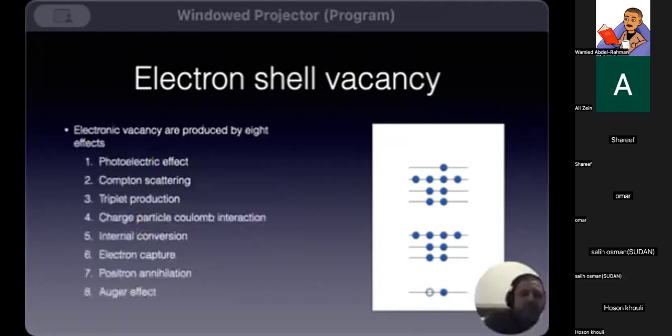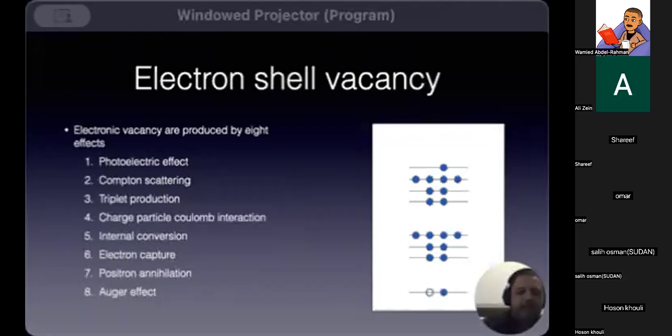These electronic vacancies are produced by 8 effects, and maybe more. We have the photoelectric effect, which we're going to deal with in a few weeks, Compton scattering, triplet production, and then interaction of charged particles. The first 3 are vacancies produced by photon interaction. Then number 4 is a vacancy produced by charged particle interaction.